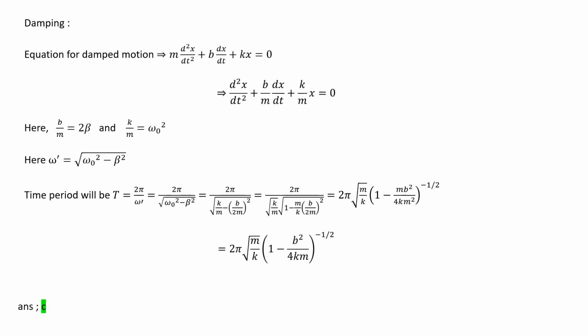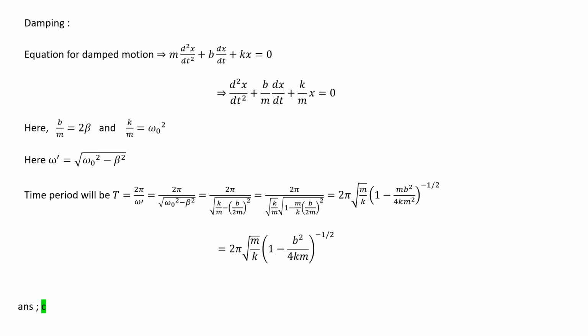And from here we can get d square x by dt square plus b by m dx by dt plus k by m x is equal to 0. And again here b by m is equal to 2 beta and k by m is equal to omega naught square, where omega naught is the natural frequency.